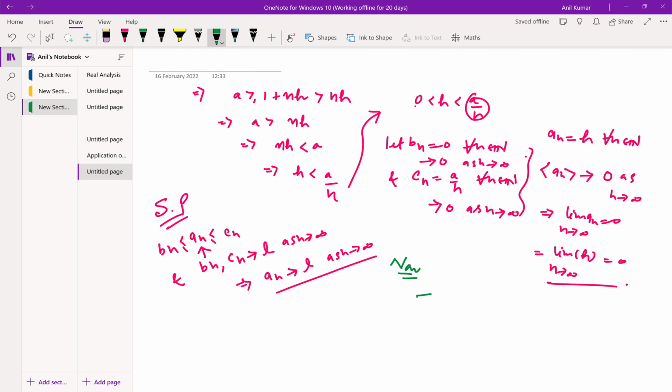Now, an क्या था हमारे पास, this is equal to 1 plus h, limit ले लो, this is nothing but a raised to power 1 by n, इसको हम ऐसे ले सकते हैं, तो limit ले लो दोनों तरफ, limit a raised to power 1 by n, n tends to infinity, this is limit of this sum 1 plus h.